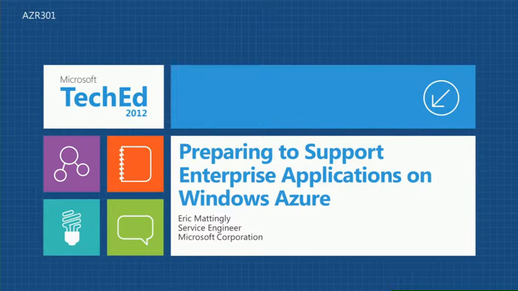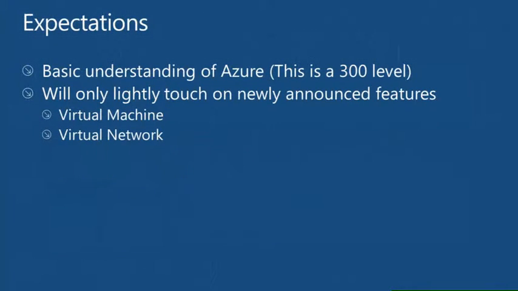So I want to set just a couple expectations. This is a 300 level, so I'm not going to go into the basics of Azure and how it works. I expect you to have some understanding of that. I might draw in a little bit. You can ask questions, feel free, but I'm not going to cover it in the slide deck.